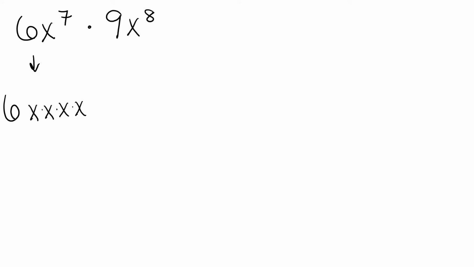For the next problem, we have 6x to the 7th times 9x to the 8th. We break it down by writing the 6 out in front, and then we have x to the 7th broken down 7 times. On the other section, we keep the 9 out in front, and we break down x to the 8th, and we write it out 8 times.